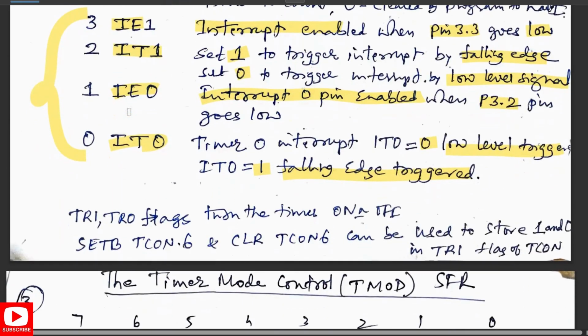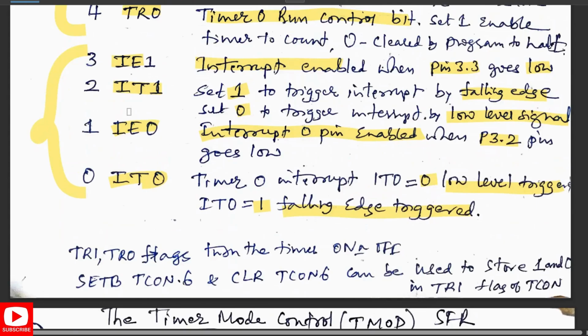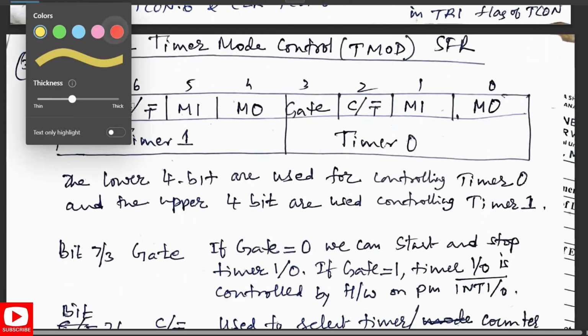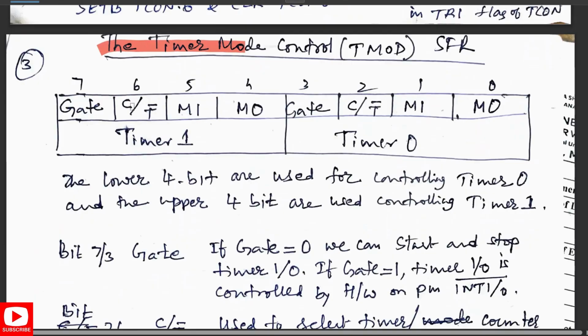That is what is written here. The TR1 and TR0 flags turn the timer on or off. Then SETB TCON.6 and CLR TCON.6 can be used to store 1 and 0 in the TR1 flag of the TCON register.